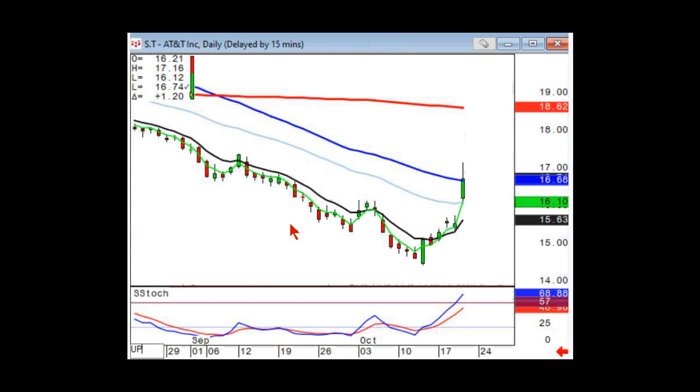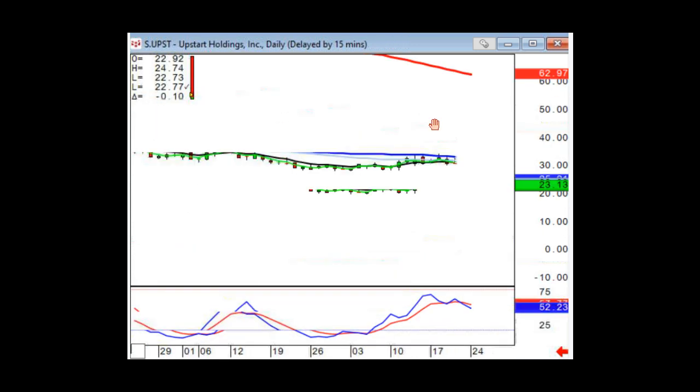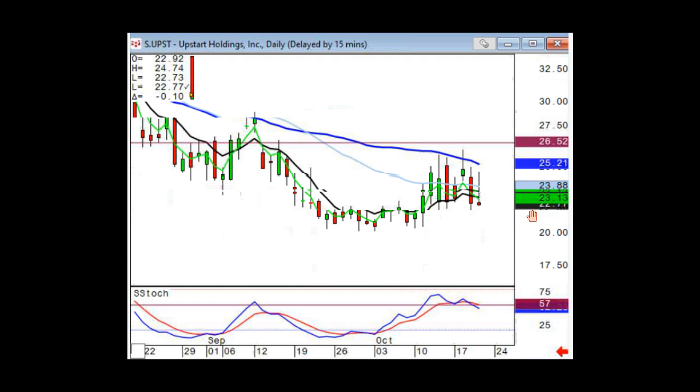Okay, so if the market isn't acting very strong, Upstart. Notice what it did today. After failing at the 50 with kind of a shooting star up here in the overbought area, it closed below the T-line. They took it up and brought it right back down.